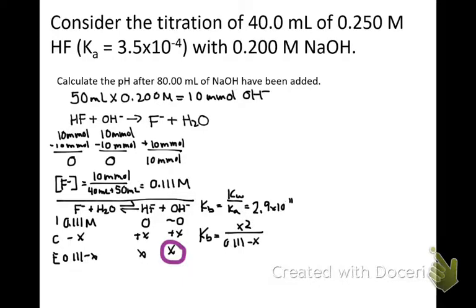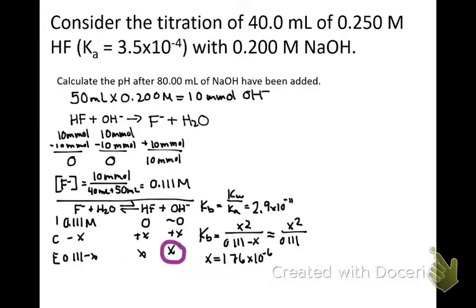And we see here that Kb is really, really small, 2.9 times 10 to the negative 11, compared to the 0.111 molar. So here we can assume that this is about the same as X squared divided by 0.111. And if we solve that, we figure out that X equals 1.76 times 10 to the minus 6.